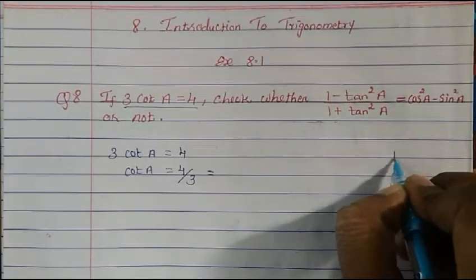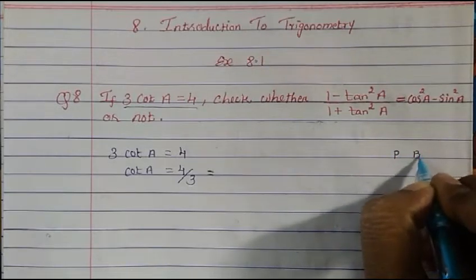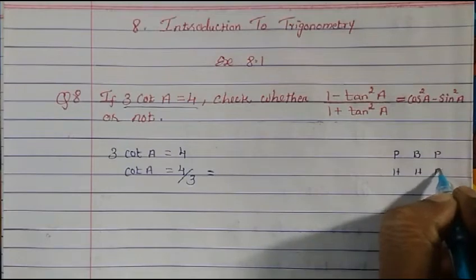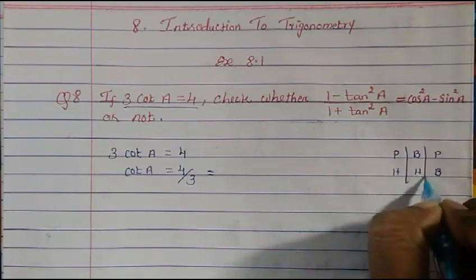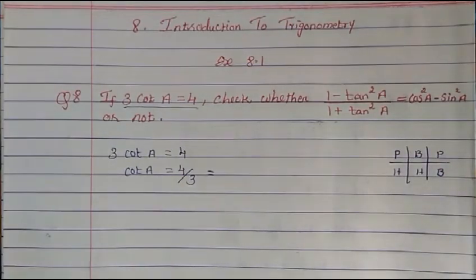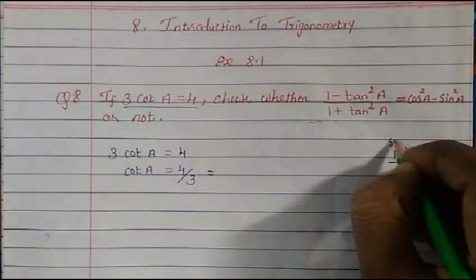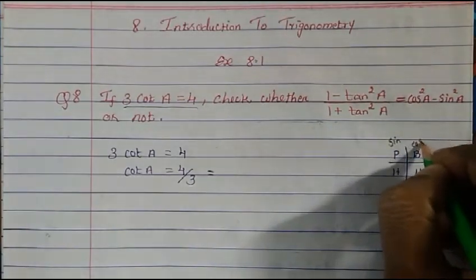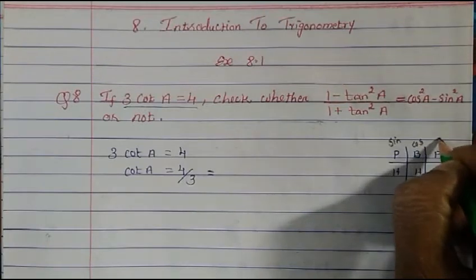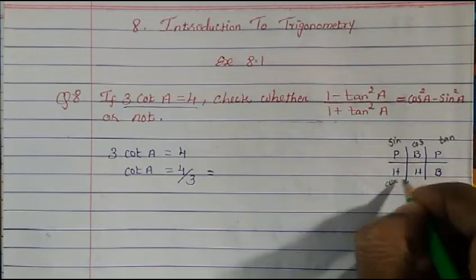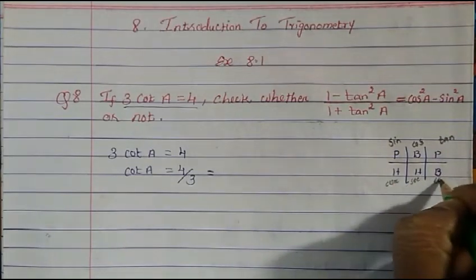Prince beating princess, horribly beating. So this is sine, this is cos, this is tan, and this is cosec, sec, cot.